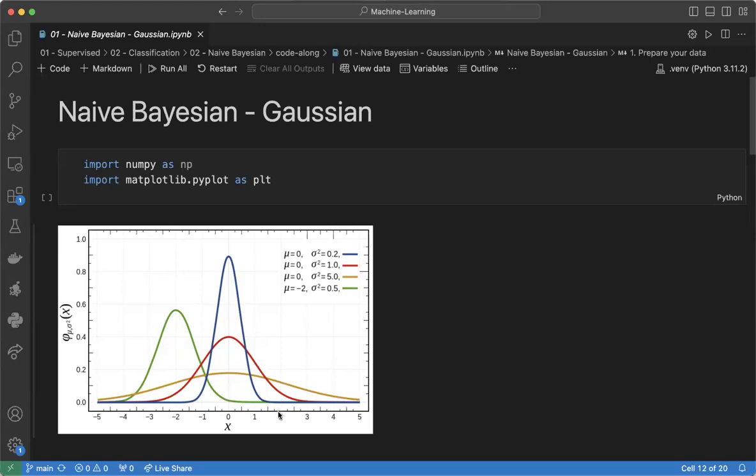So to conclude, once we have this distribution, if the sample has the feature value of 2 here, then there's a very high chance that it belongs to the class of yellow. This is basically the whole idea of naive Bayes.